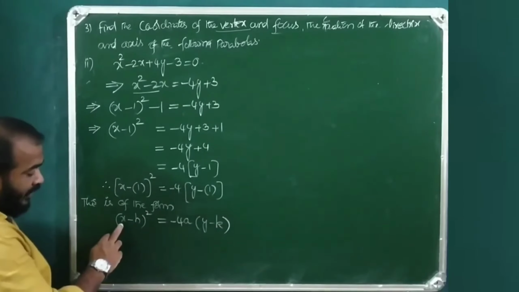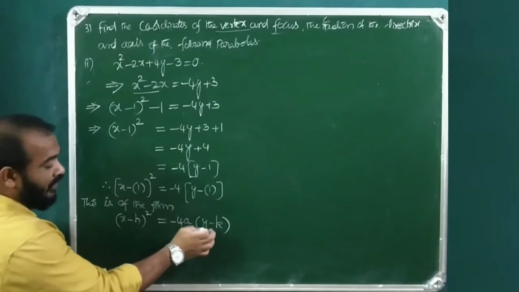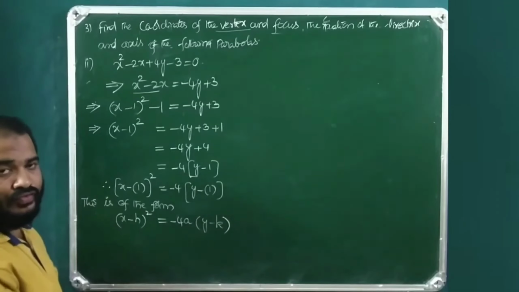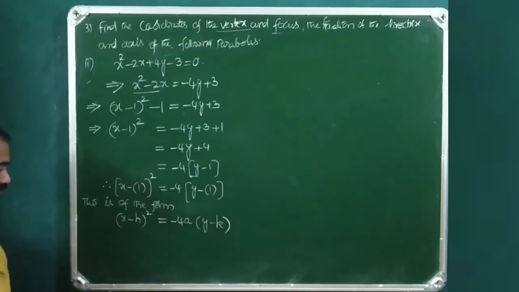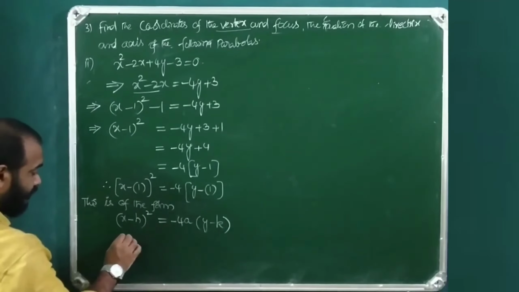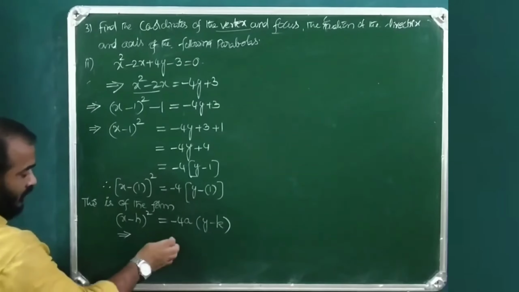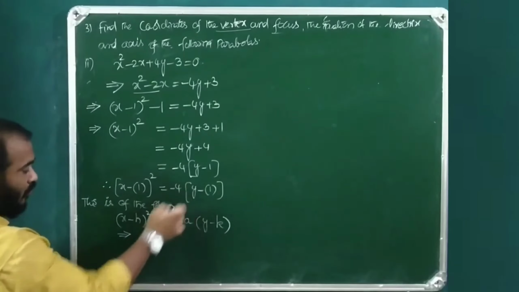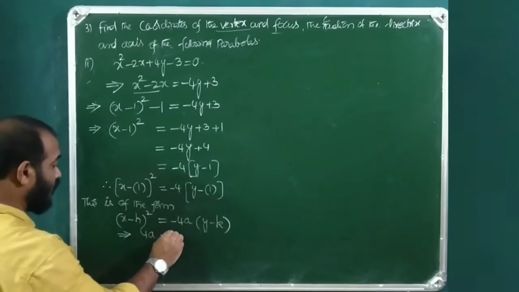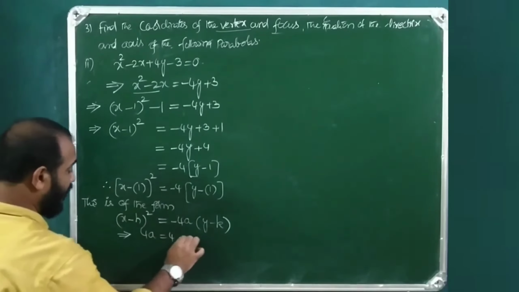Had it been x square equals minus 4ay, the vertex would have been 0, 0. In that case, it would be the standard form of the parabola. So, comparing this with this, minus minus same. In the place of 4a, 4 we have. So, 4a equals 4. From this, a equals 1.